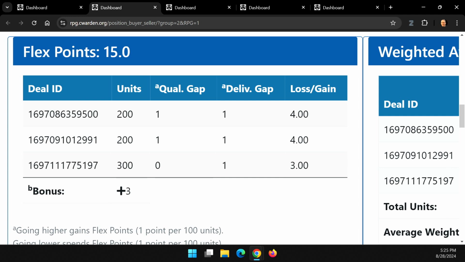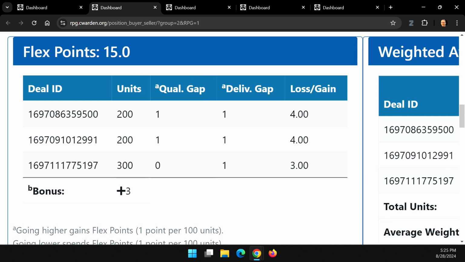That's what this is. This gap is the gap between your deal and your situation, your attribute, your company's ability or capability. Okay, so that's one easy way to get some flex points.